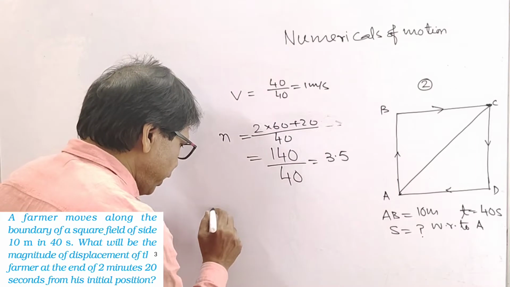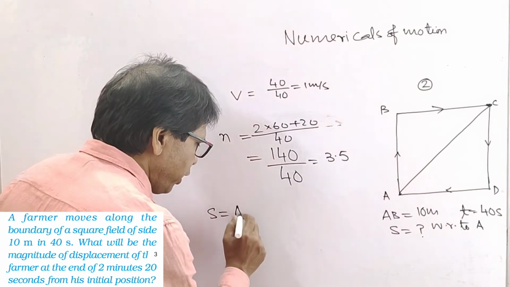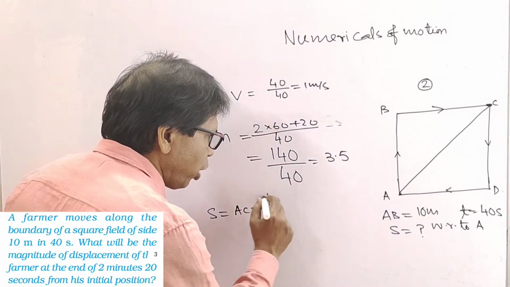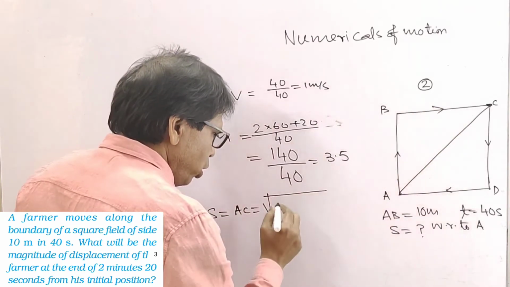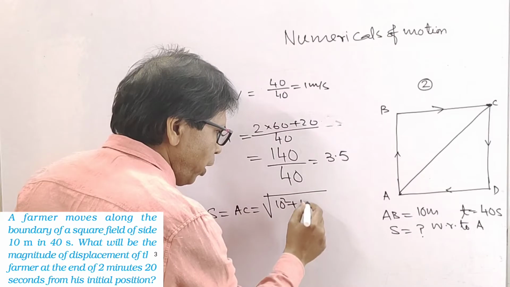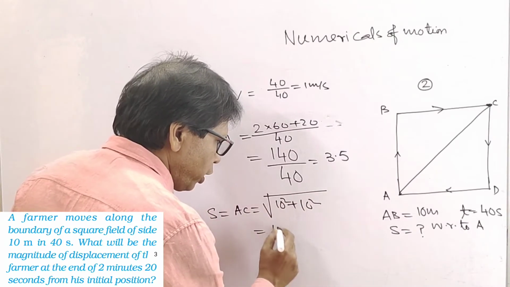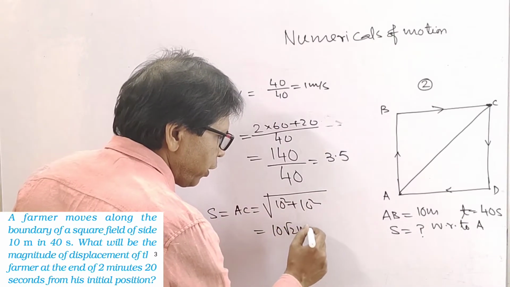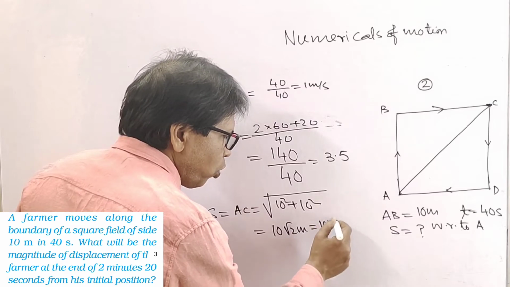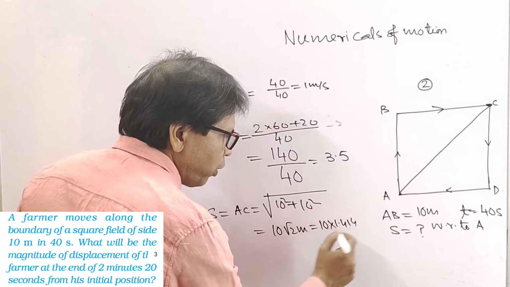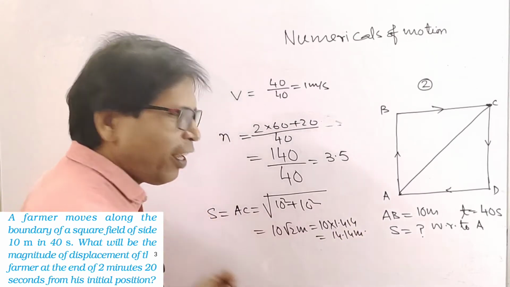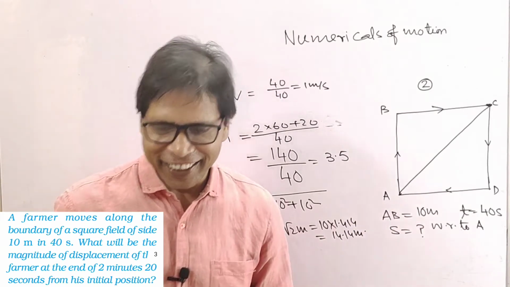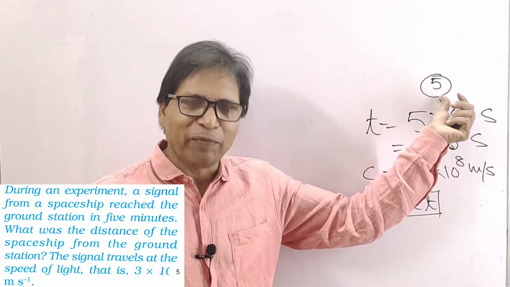So displacement S is equal to AC, that is equal to root under of 10 square plus 10 square. So this is 10 root 2 meter. That is 10 into 1.414, that is 14.14 meter. Okay, understood? Next.